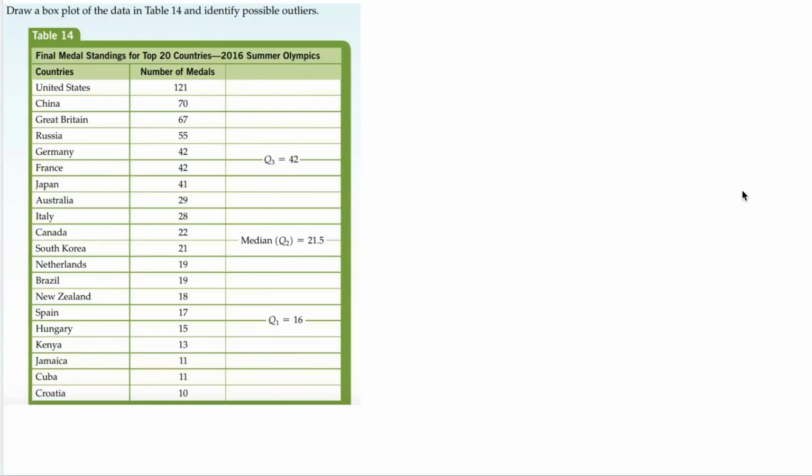Okay, so draw a box plot of the data in table 14. So we know this is maximum, minimum, Q3, median, and Q1. You know how to find all of that, right? And we are concerning about how to find the outlier. Okay, so to find the outlier, what you need to do is you need to find the interquartile range.